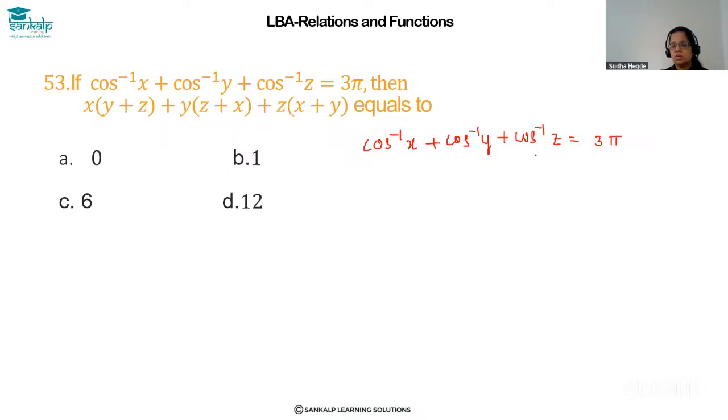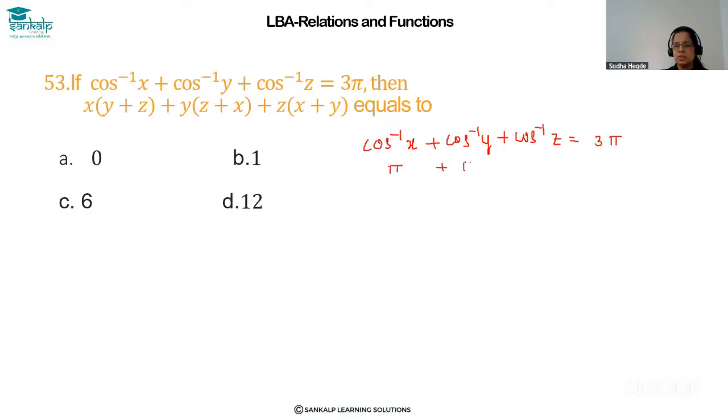So, the range of cos inverse is 0 to pi. Maximum value of cos inverse can be pi. But here the three cos inverse values add up to 3 pi. So each individual one must be pi, correct?